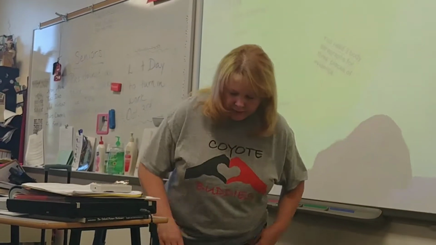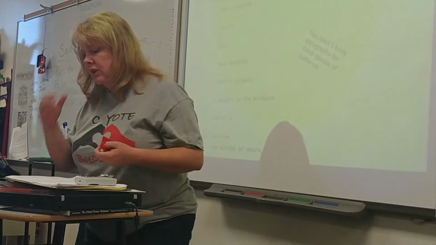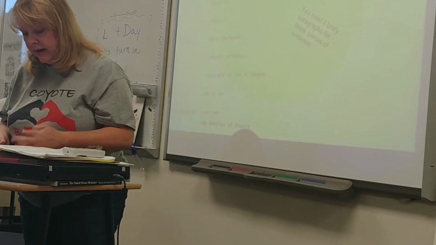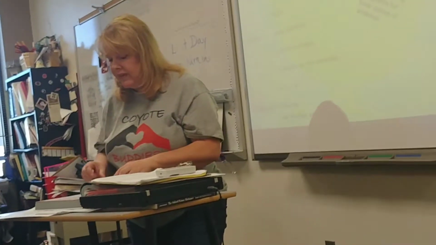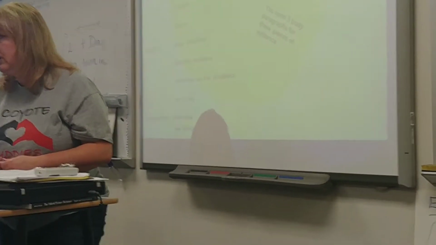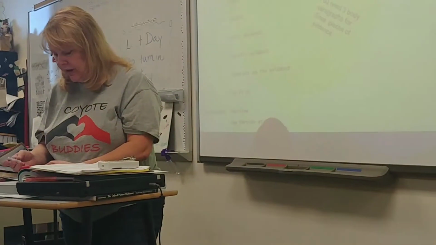So the first thing that we're going to look at is in the focus organization component, all right? To the right of that, evidence and elaboration, and to the right of that, language conventions. So there are a few things that I'm looking for in a good paper.